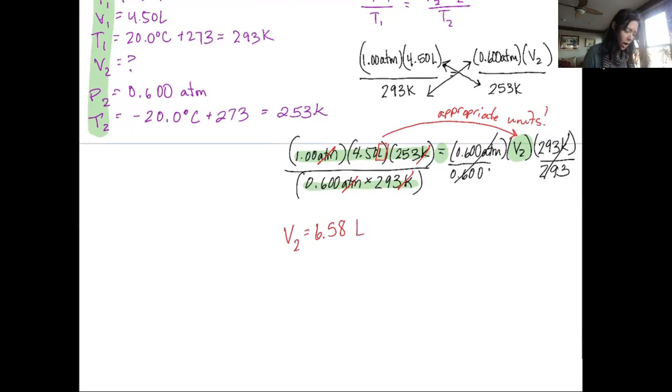That is liters. I always like to check that. 4.5 times 253, divided by parentheses, 0.6 times 293, close parentheses, 6.56 this time. That's weird. Maybe you got that too.